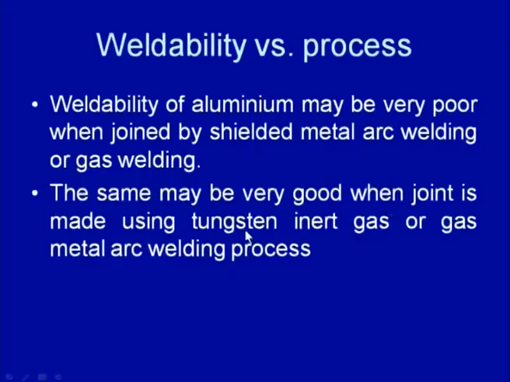The weldability of aluminum may be very good when the tungsten inert gas welding process or the gas metal arc welding process is used, because the presence of these inert gases for protecting the weld pool from the gases present in the atmosphere helps in developing a sound weld joint, which can take up the service load as per the intended application.